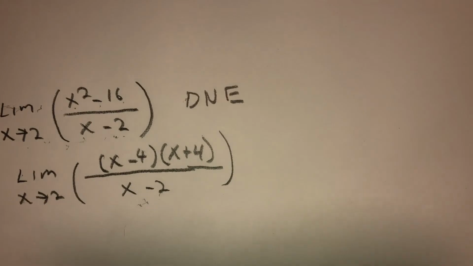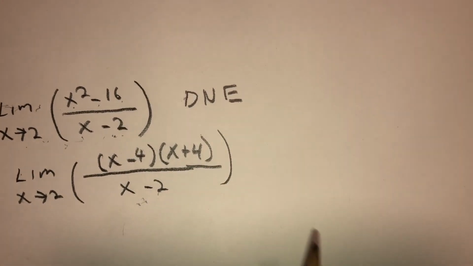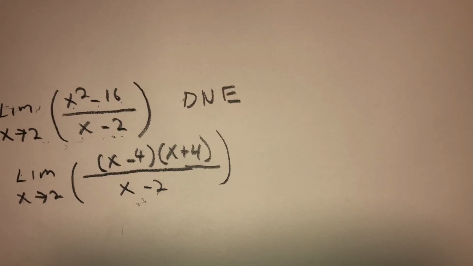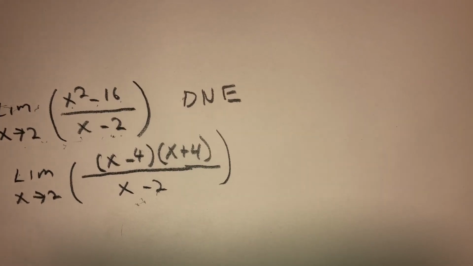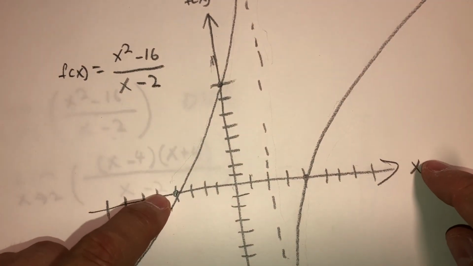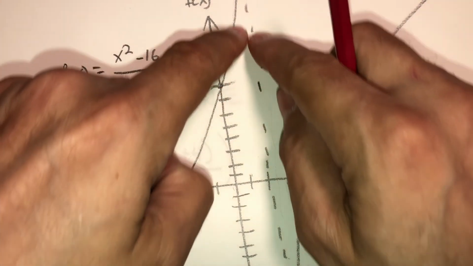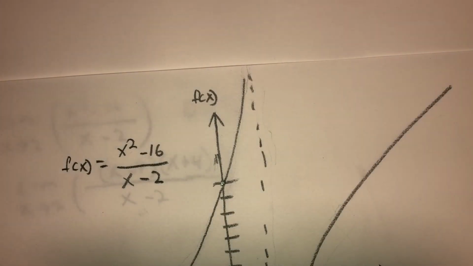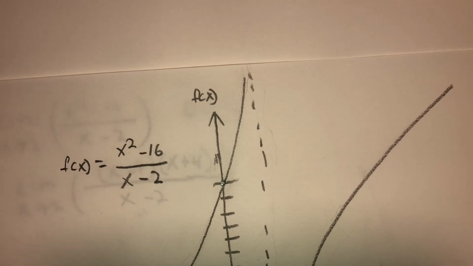So I wanted to show this one again, what happens when we can't divide out our problem. Sometimes from the right-hand side and the left-hand side you'll both be going to positive infinity, right? If that's happening, then the limit is positive infinity.